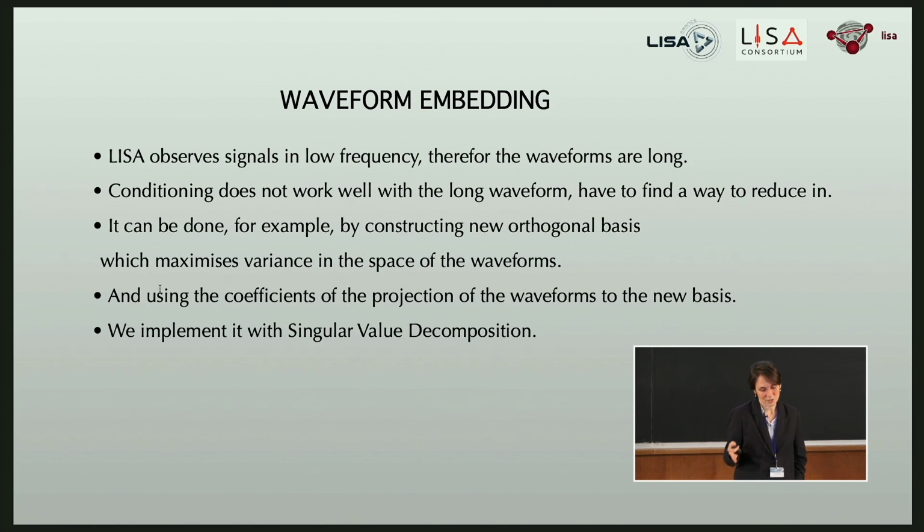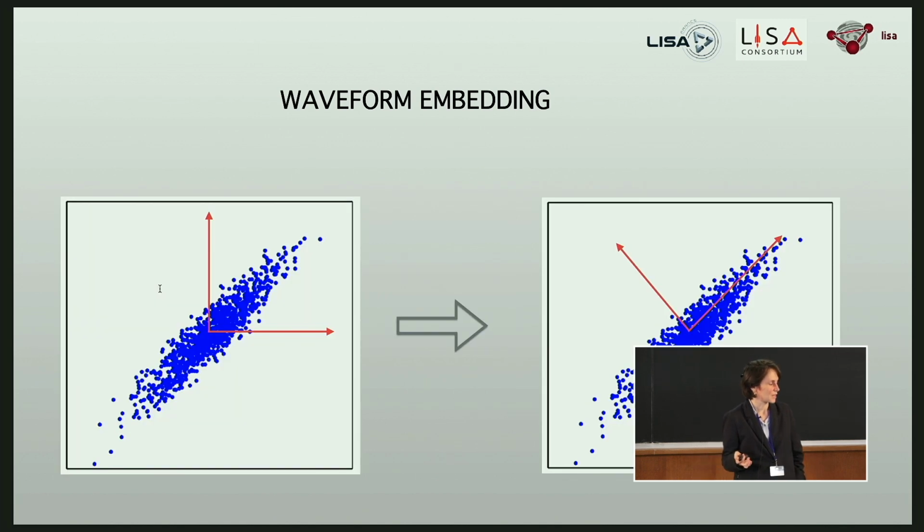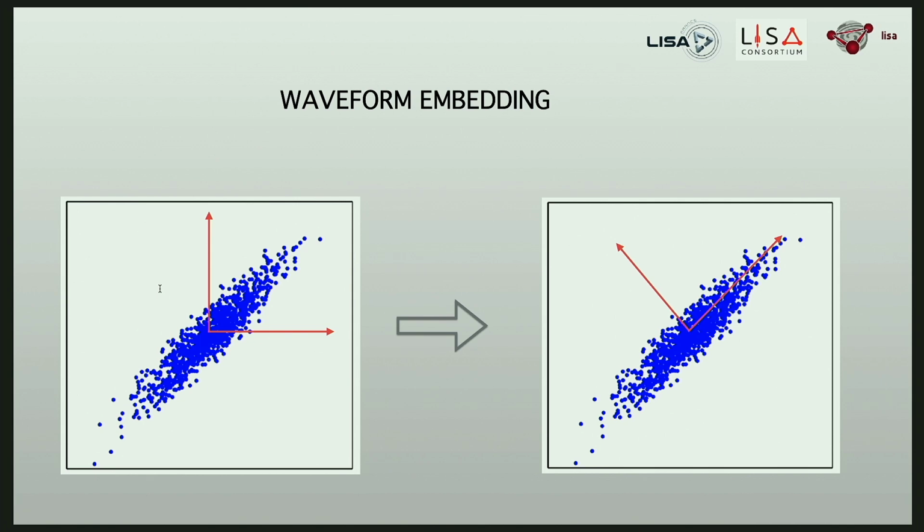Another problem that arises there is that the waveforms are very long. So, for example, for LISA, the waveforms might last years or a couple of months. So we need to find a way to embed the waveforms. And the way we try to do it is using the singular value decomposition.